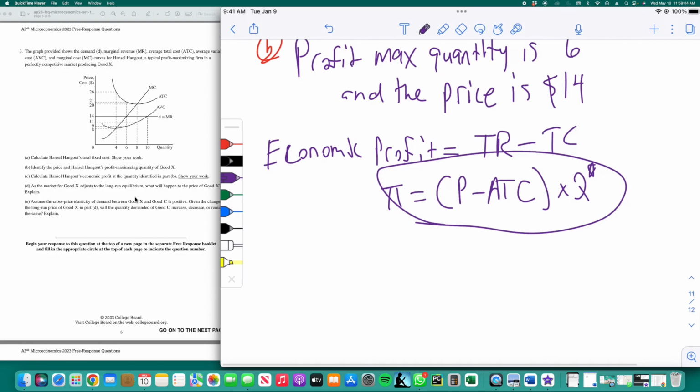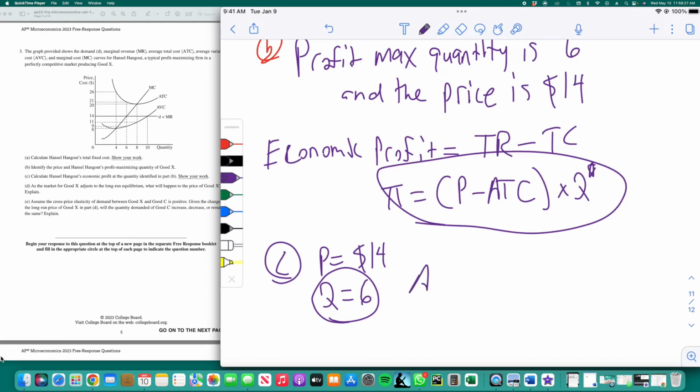So for part C, your price, as we just saw, was 14. That is your profit max price, 14. And then your quantity is 6. Now, here's the deal. If your quantity is 6, what is your ATC? Go from 6 all the way up to ATC, and what you're going to find is that your ATC is equal to 21.